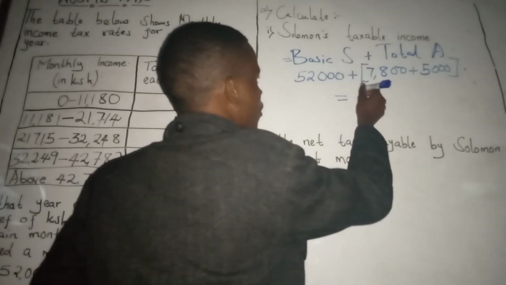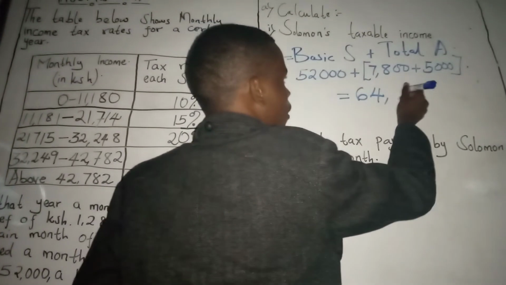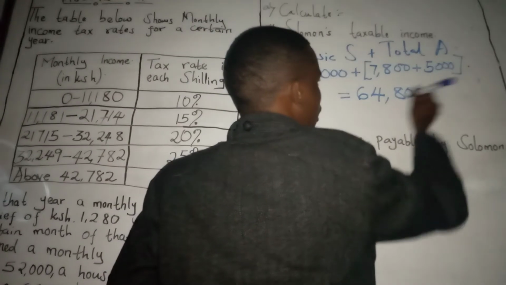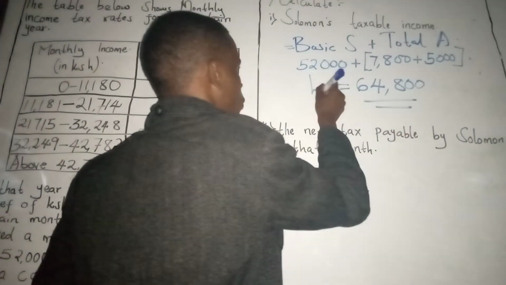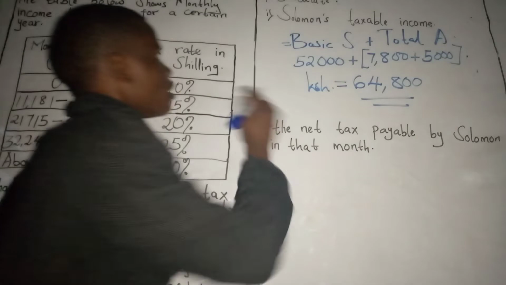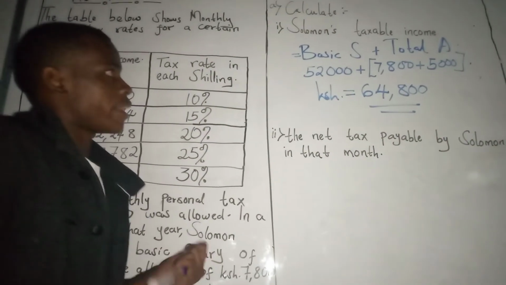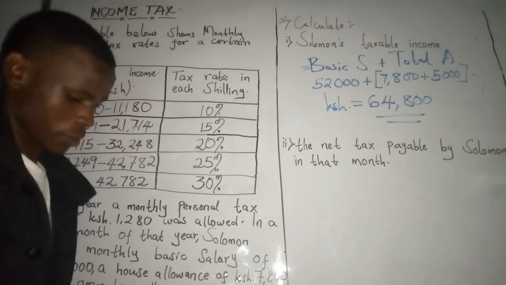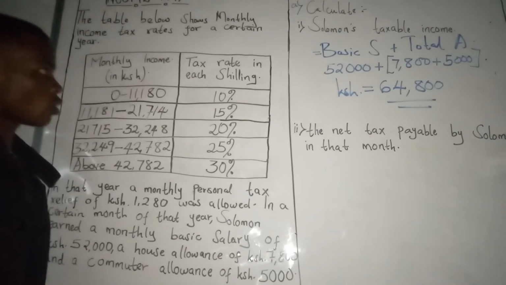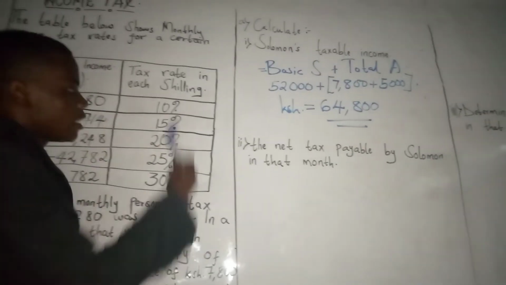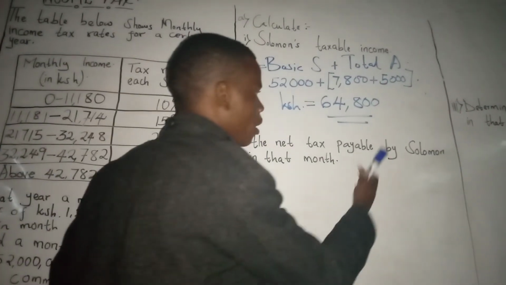So this one is the taxable income of Solomon.